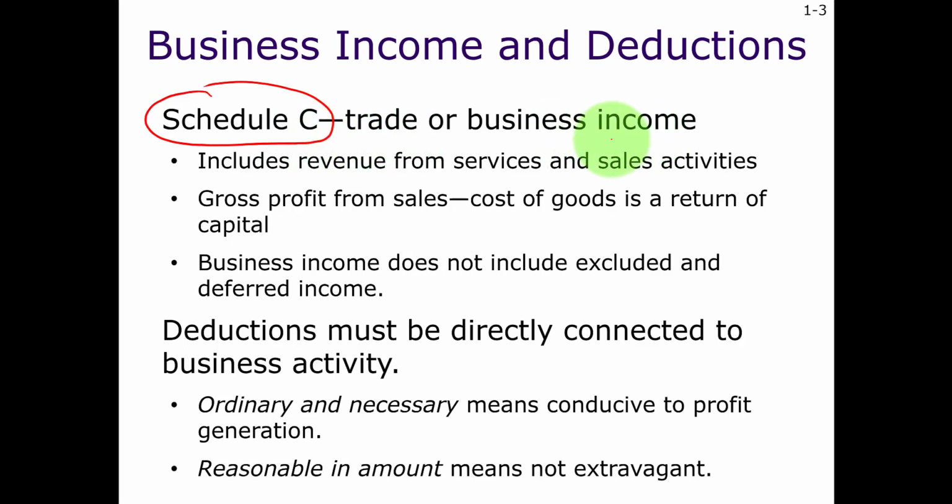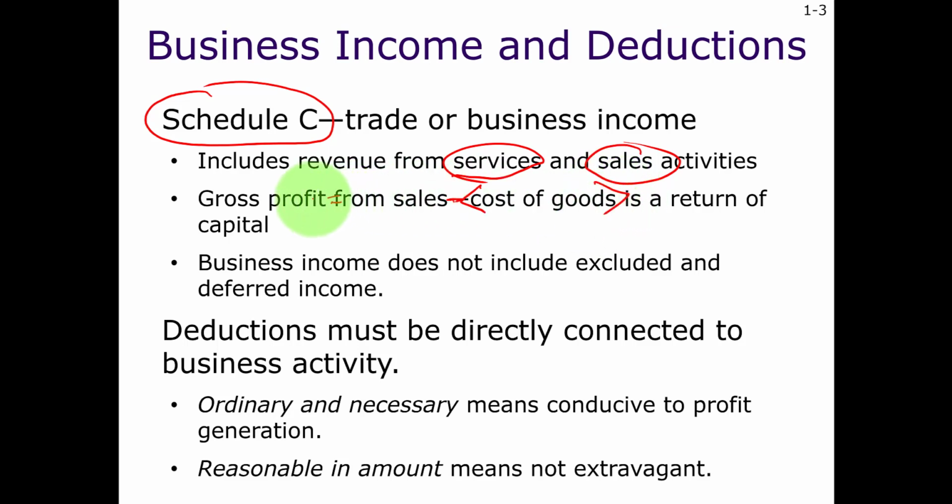Business income can be the money we make, revenue, for selling our services or selling merchandise, inventory, products. Keeping in mind that the sales price is not included in revenue. What's in revenue is the gross profit from those sales. And if you remember, the calculation of gross profit is the sales or net sales minus the cost of goods sold. Again, that equals gross profit.